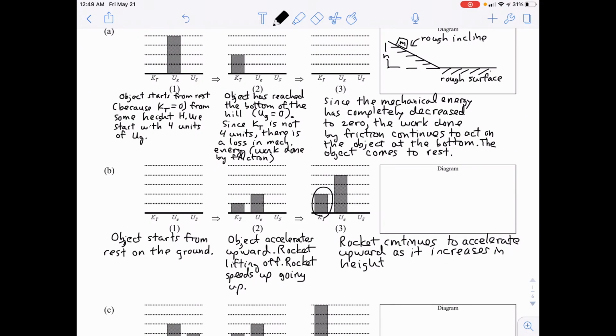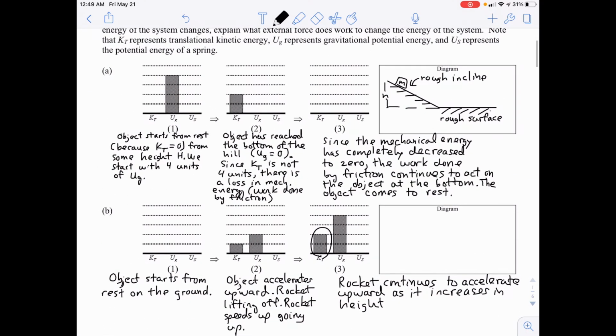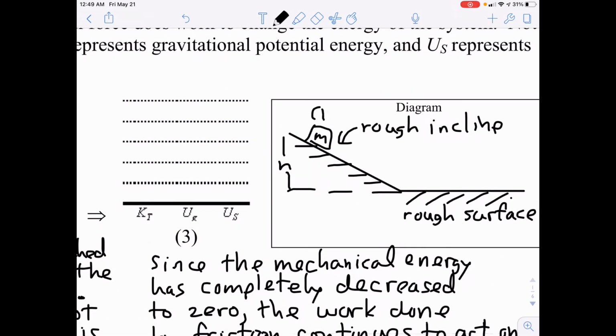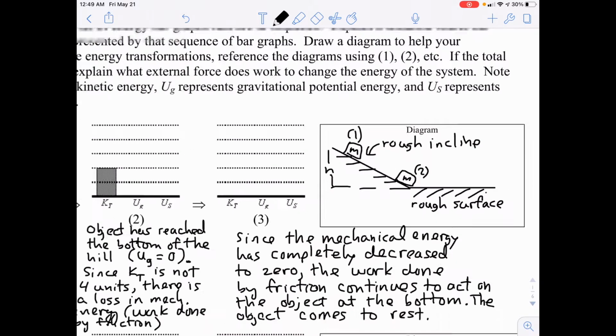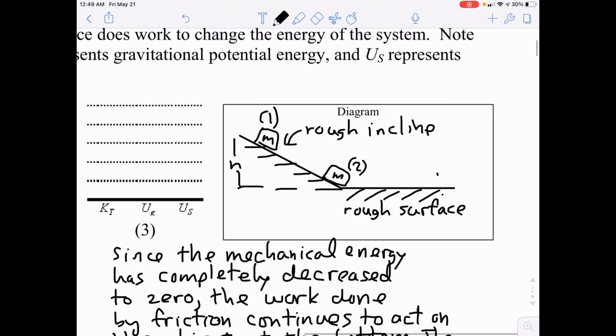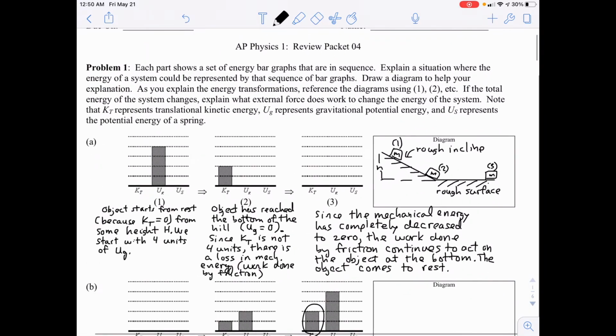So I suppose if I go back to diagram 1, this would reference diagram 1 being at the top, starting from rest. If I draw the block here at the bottom, that would reference diagram 2, lost some kinetic energy there, and then drawing the block way over here at the end, coming to rest, would be diagram 3.